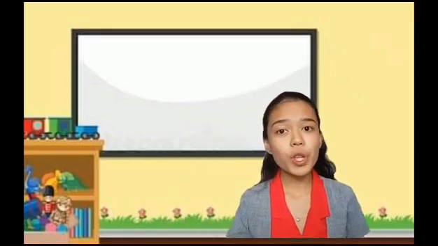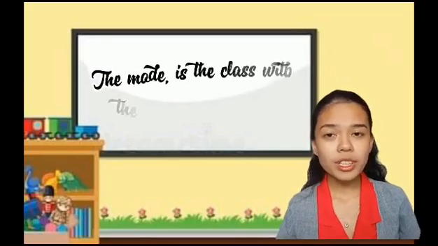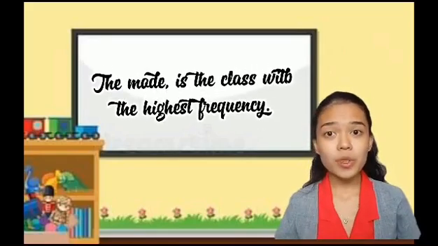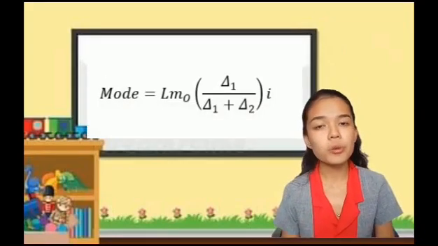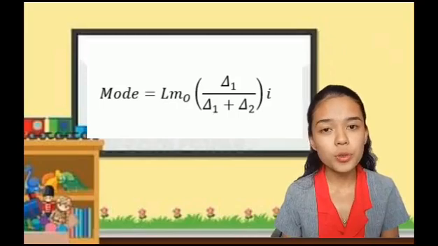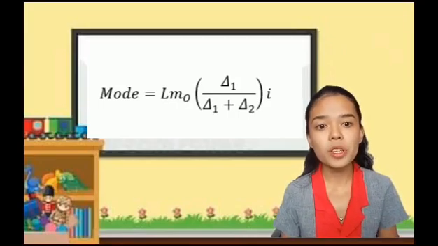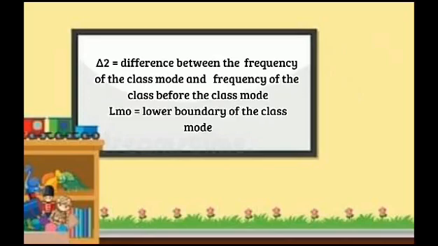Now let's move on to the last one, which is the mode. The mode or the modal class is the class with the highest frequency. So to find the mode, we have the formula: mode is equal to Lmo plus delta 1 over delta 1 plus delta 2 times the class width, where i is the class width, delta 1 is the difference between the frequency of the class mode and the frequency of the class after the class mode.